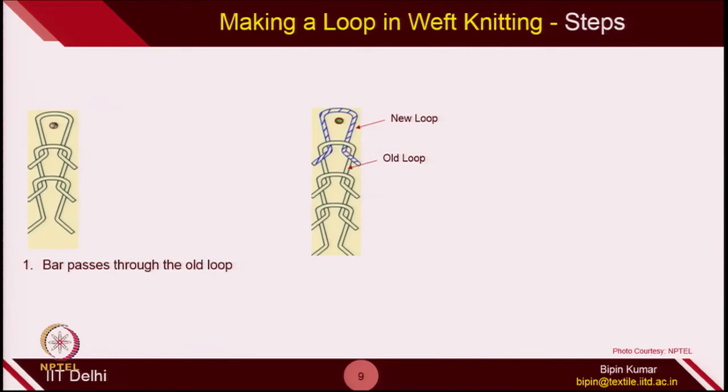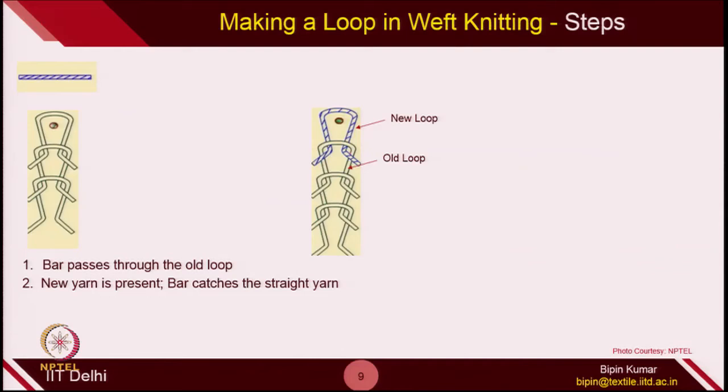On the other side the yarn is present to that needle, okay, and this new yarn is present to the bar which is moved to the other side, and that bar actually catches the straight yarn and tries to pull that straight yarn in the bent form.